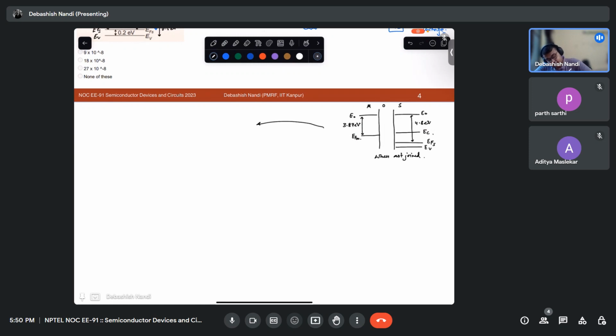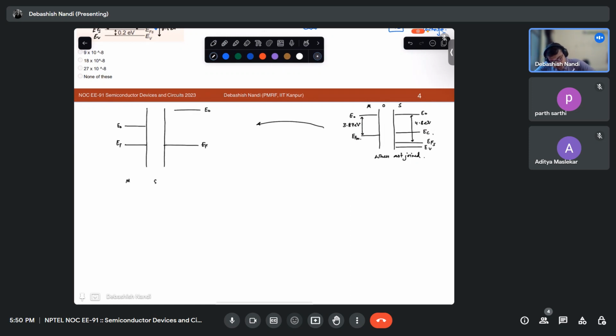Now if you join them to make a system, how will it look? First thing, your Fermi level will be constant because there is no current flow. So this will be your EF. On this side you will have your E0, and somewhere here you will have your E0 for the semiconductor.